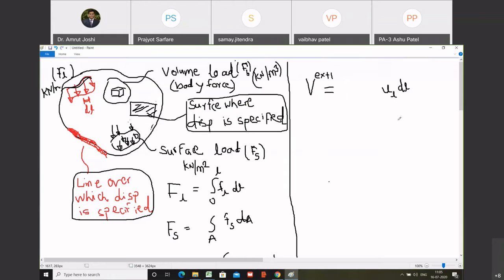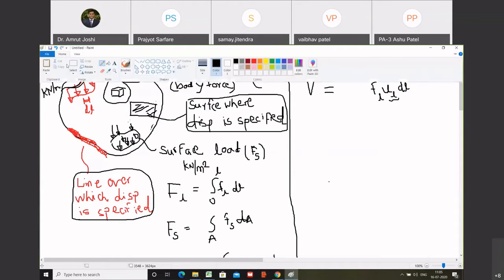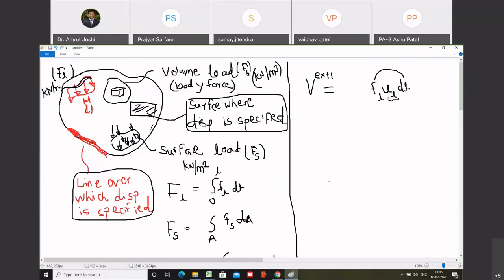This multiplied by FL into DL, the small force, multiplied by the displacement in the direction of FL. This is what is called potential energy associated with line force on length dl. Do you agree with me?